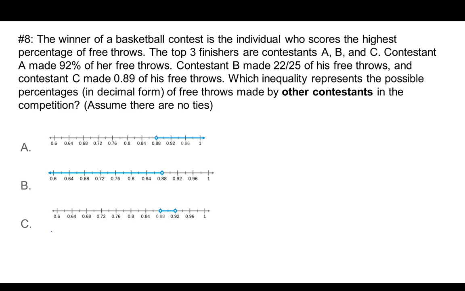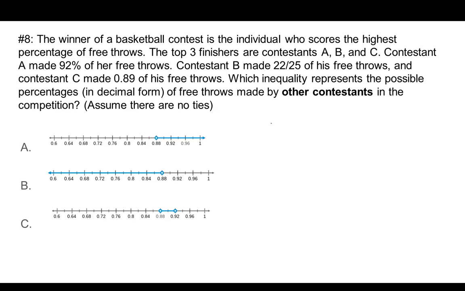Which inequality represents the possible percentages in decimal form of free throws made by other contestants, so not them, in the competition? Assume there are no ties. And another thing I'm going to point out, remember that these individuals scored the highest among all the contestants. They were the highest. And you want to graph the inequality of the other contestants. So pick which one you think it is.